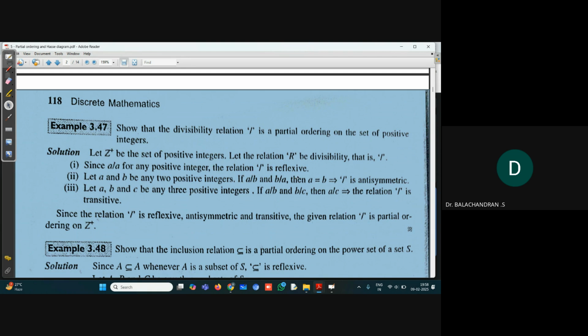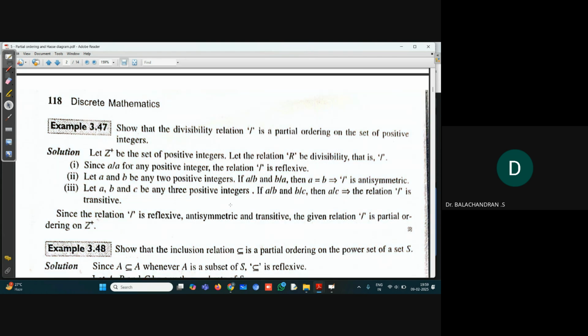So that's why the relation is reflexive. Next, A related to B means A divides B, and B related to A implies B divides A. So then automatically we know that A equal to B, and hence the divisibility relation is antisymmetric.